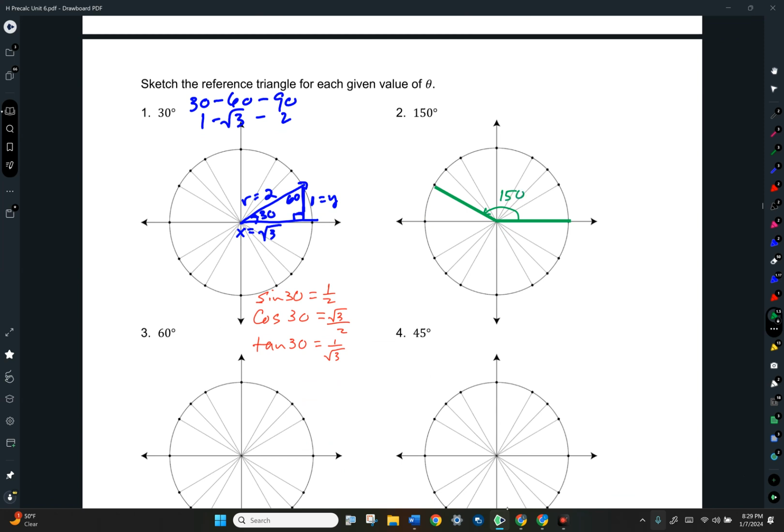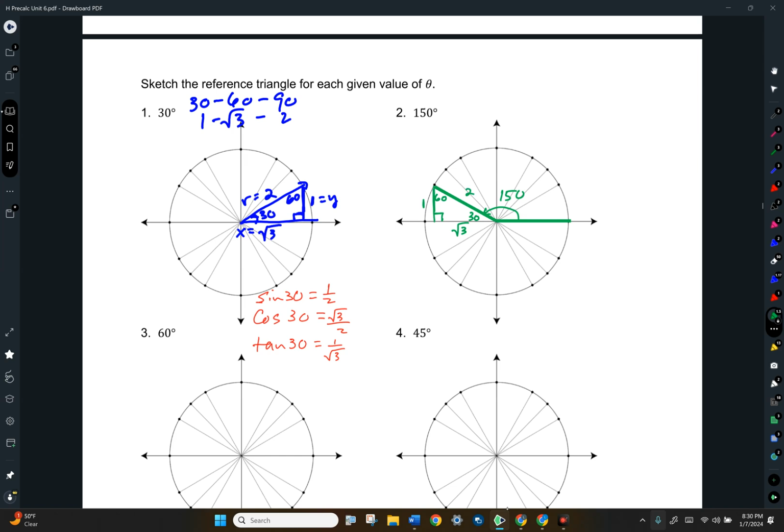If I form that into the reference triangle, the reference angle inside this triangle right here is a 30. That's our theta, which means even though the angle was 150, doesn't it still represent a 30, 60, 90 triangle? If I label those sides, opposite the 30 is 1, opposite the 60 is always square root of 3, and opposite the 90 is 2.